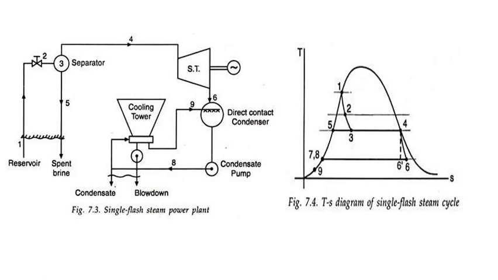In the TS diagram you can see here the region where you have the saturated steam. So 1 to 2 is shown over here, and 3 is a separator.